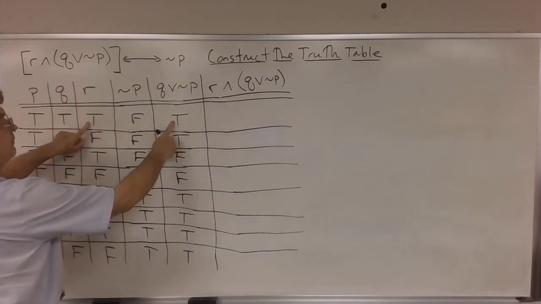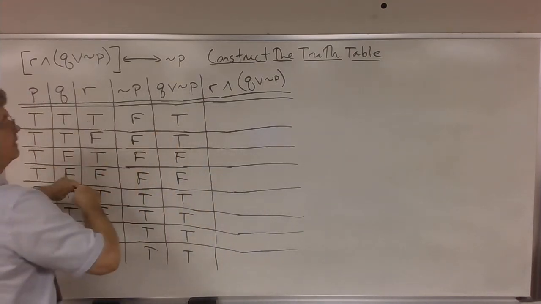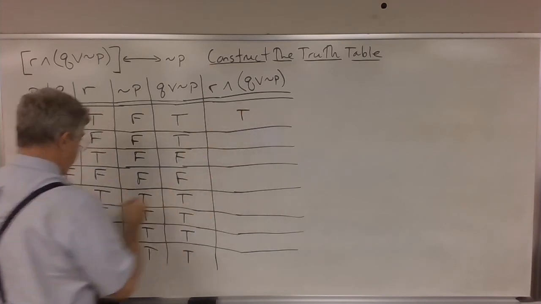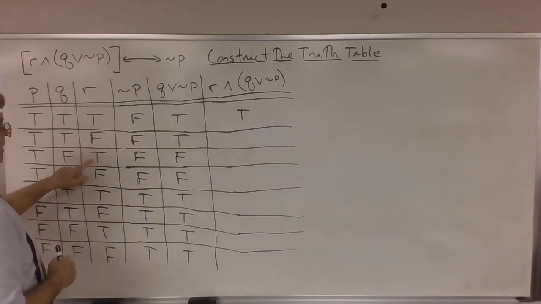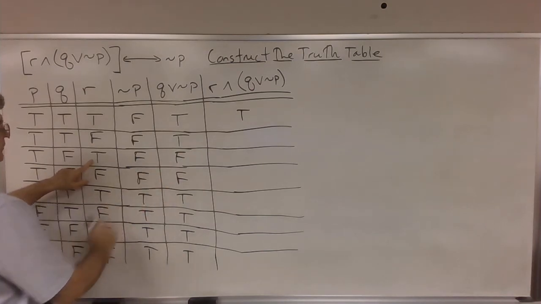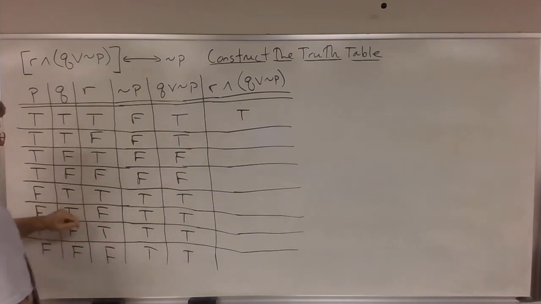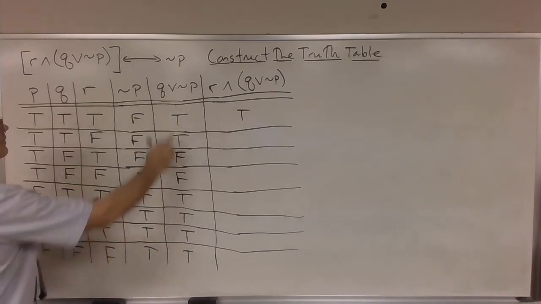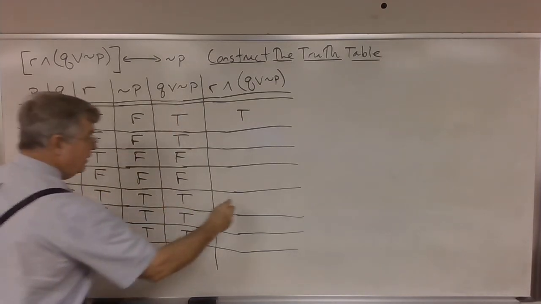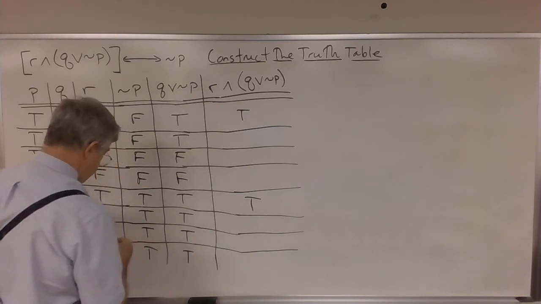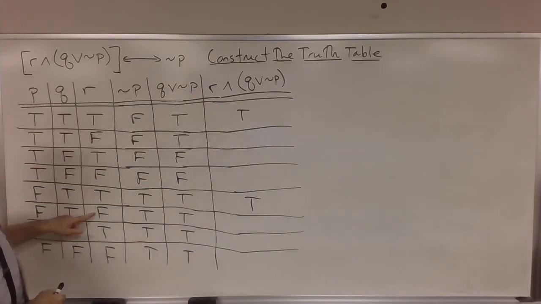R is true, this thing is true right here. Okay, we got true. R is false. R is true, but this is false. Now they're both false. R is true, and this thing is true right here. So true again. R is false.